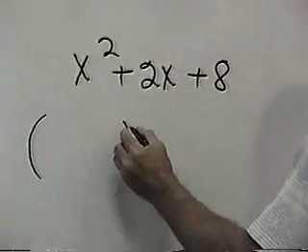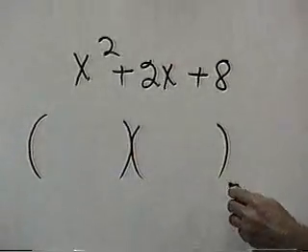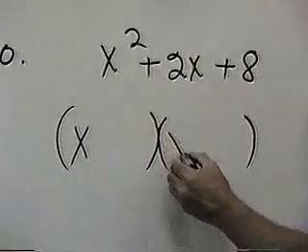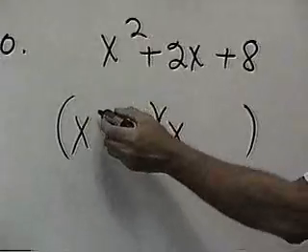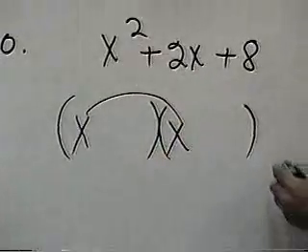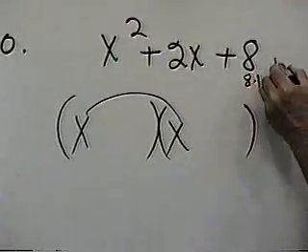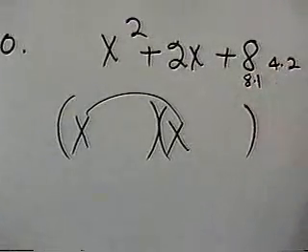All right, we're going to have first times the first is x times x. Okay, first times the first, that checks. Last times the last. Well, the last times the last is 8 times 1 or 4 times 2.